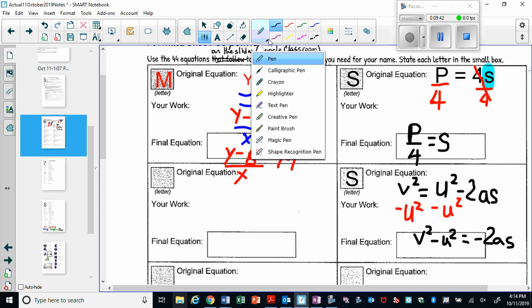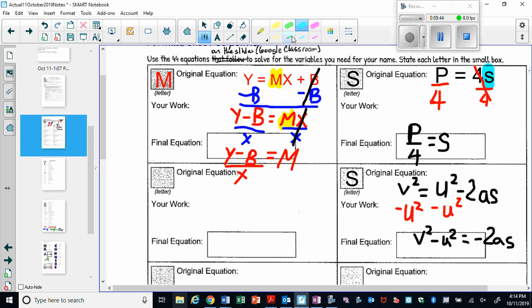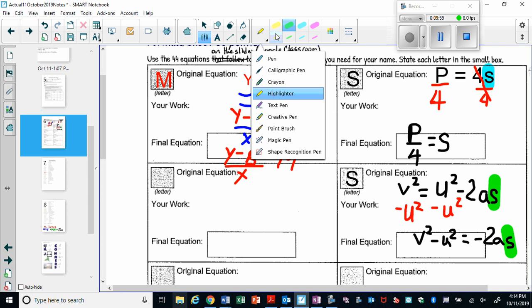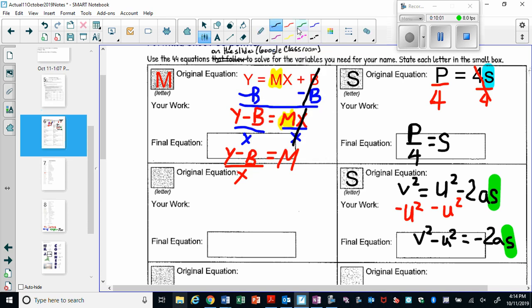And again, I forgot, highlight the variable we are trying to solve, which is the S. So the first step, we subtracted U squared on both sides. So what will happen in the end is the U squared and the negative U squared will cancel out. So we have V squared minus U squared equals negative 2AS.